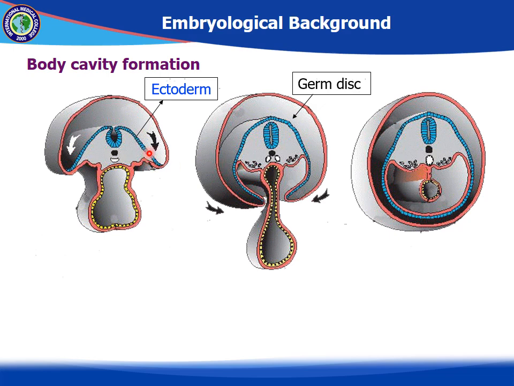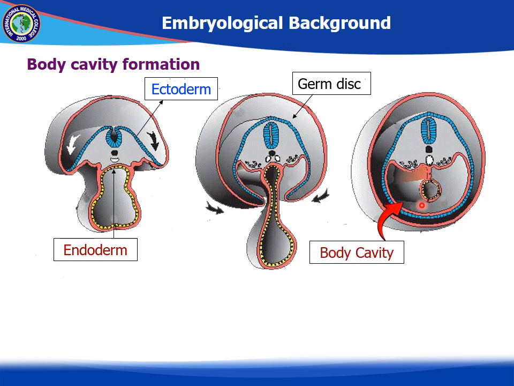You can see this is the ectoderm covering the outer part, and inside, the yolk sac lining is the endoderm, and this is ultimately forming the epithelium of the gut tube. This is the cavity you can see surrounding this gut tube.